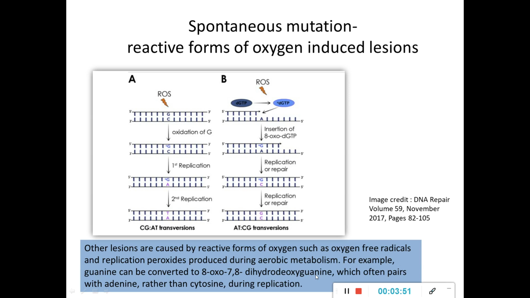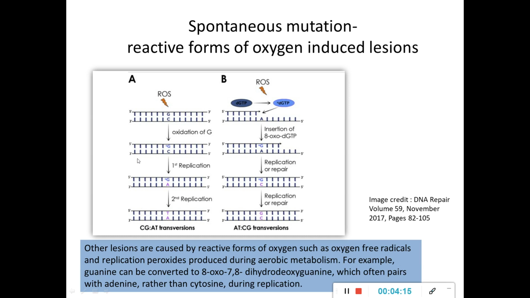Normally, G will pair with cytosine. But in this case, after it has been converted into 8-oxo-7,8-dihydrodeoxyguanine, it starts pairing with adenine. Now, these are two different mechanisms by which it is getting oxidized.